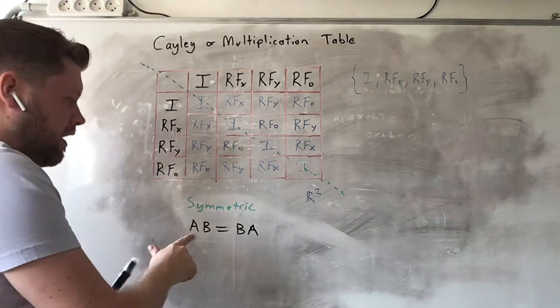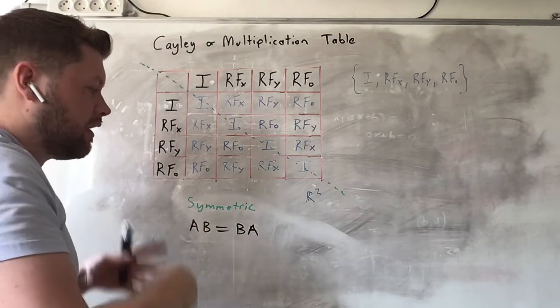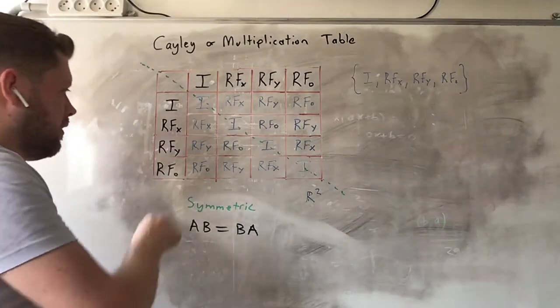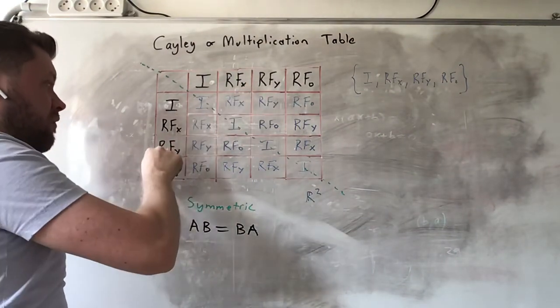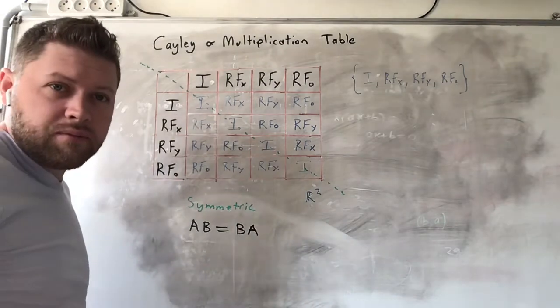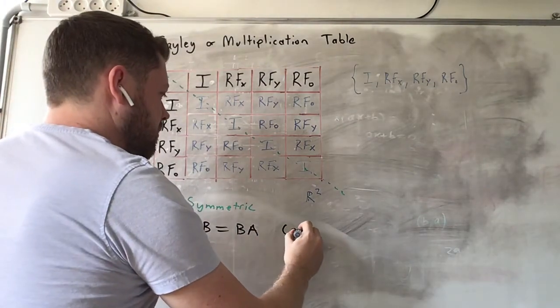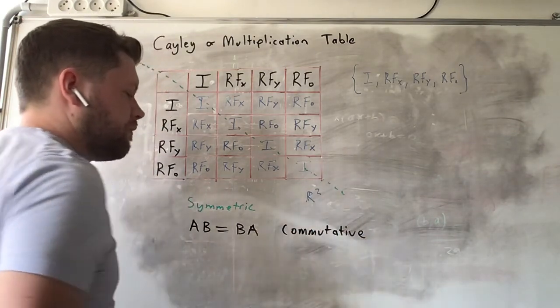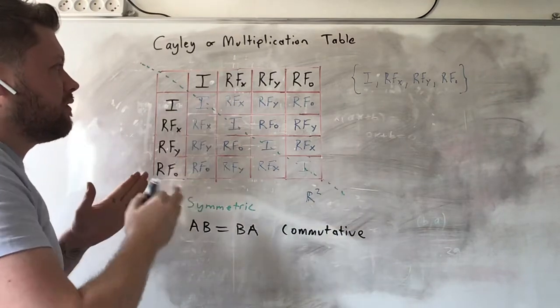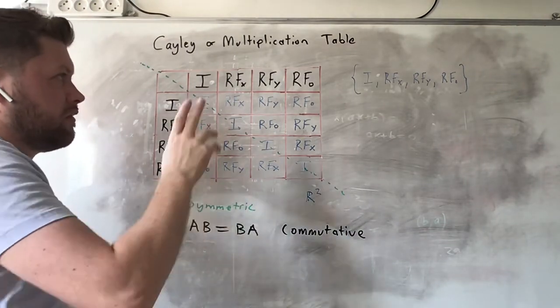So if you do A first then B, or B first and then A, you get the same answer. So if you do reflection in X, then reflection in Y, you get the same answer as reflection in Y, then reflection in X. If something has this property, this is known as commutative. So we would say that this multiplication table is commutative, or this set is commutative.